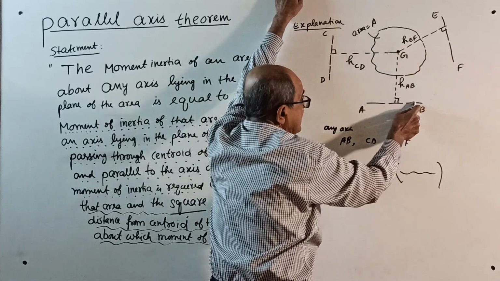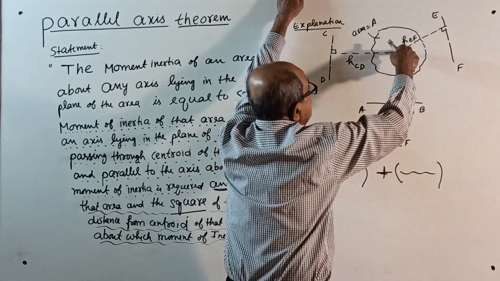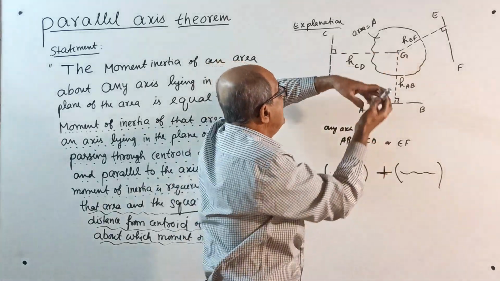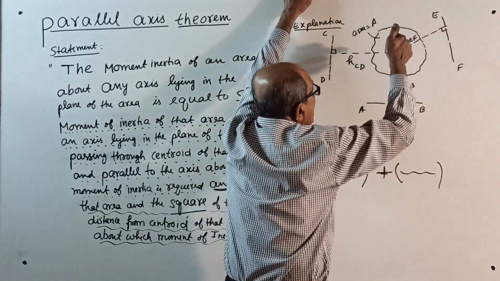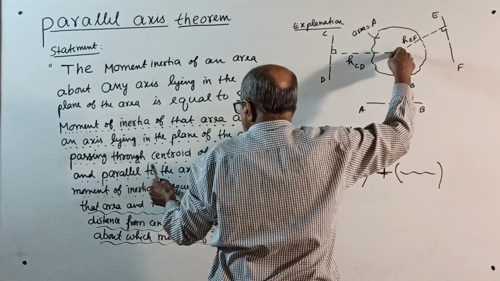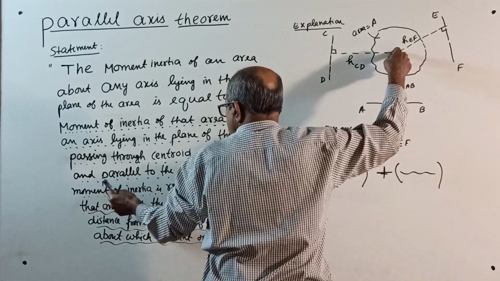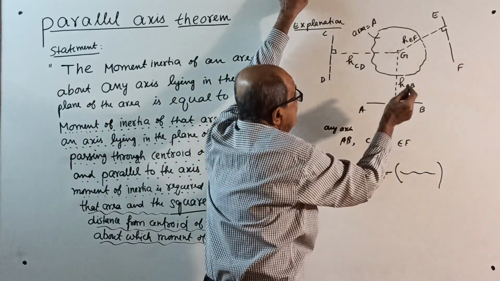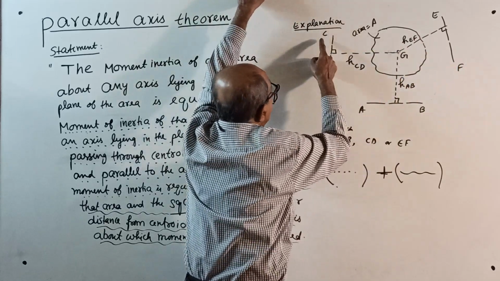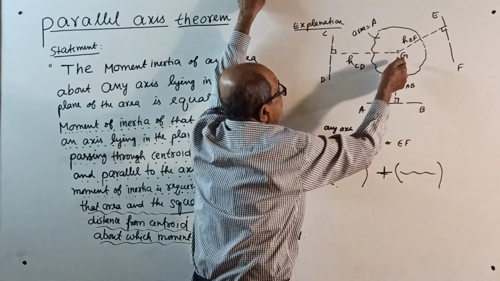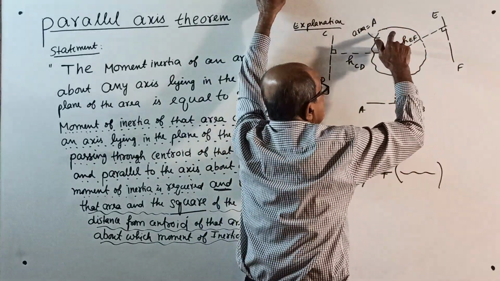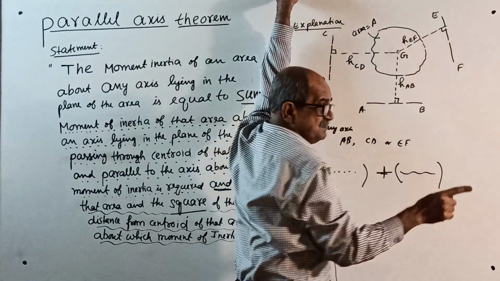Find the moment of inertia about an axis lying in the plane of the area, passing through the centroid, and parallel to the axis about which the moment of inertia is required. If you want the moment of inertia about AB, your axis should be parallel to AB. If you want about CD, the centroidal axis should be parallel to CD. In case you want about EF, the centroidal axis should be parallel to EF. That I will explain once again now.